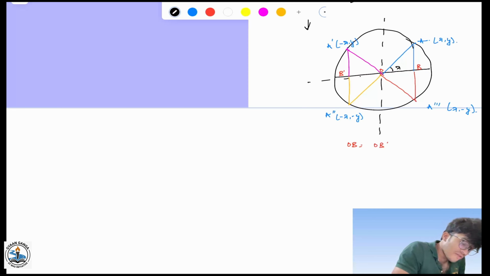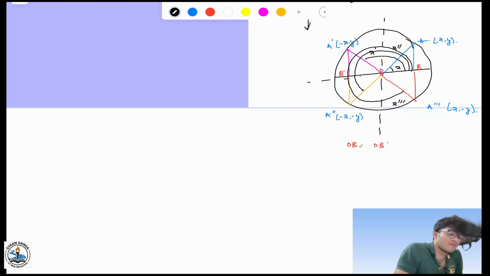In the second triangle, this is x dash. In the third triangle, you have this as x double dash, and so on and so forth. And in the last triangle, you have this as the input.